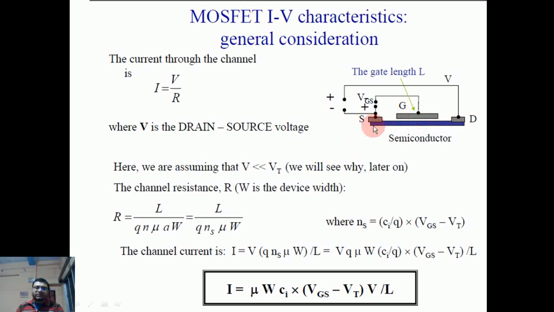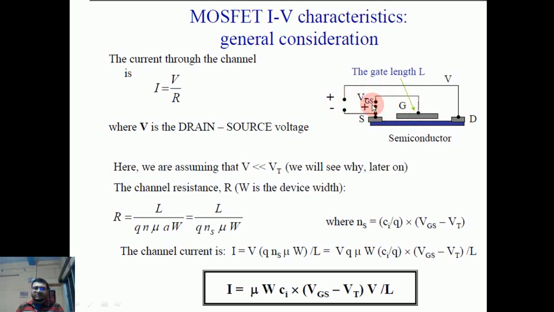A potential is applied between source and drain with the help of this voltage. You can see it is VDS, which is drain to source voltage, which is represented as V over there, and another voltage which is known as the VGS, which is gate to source voltage.